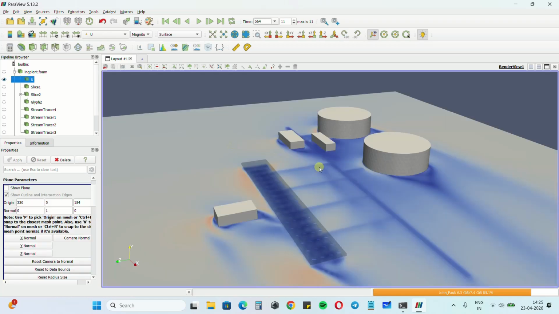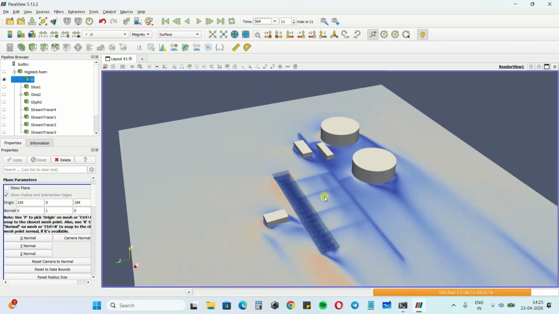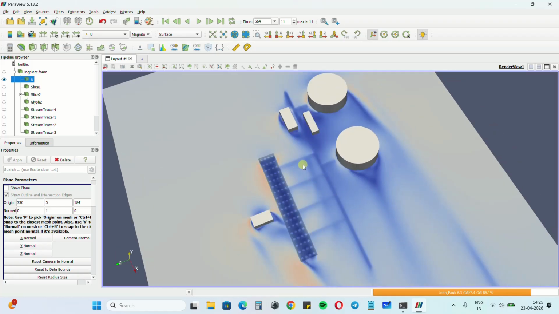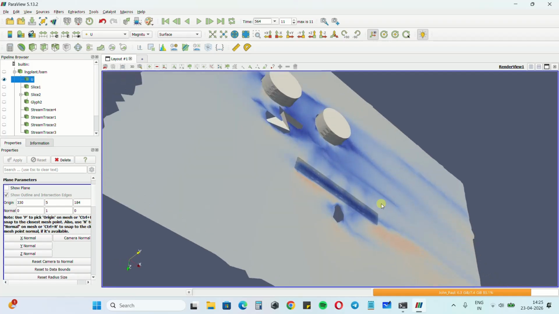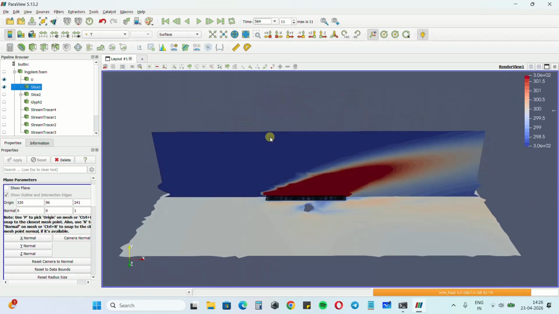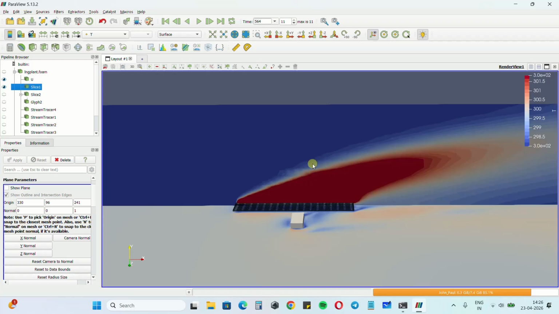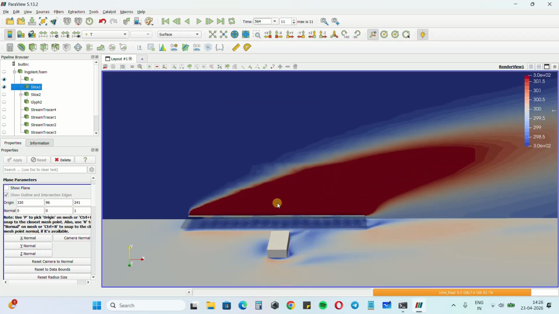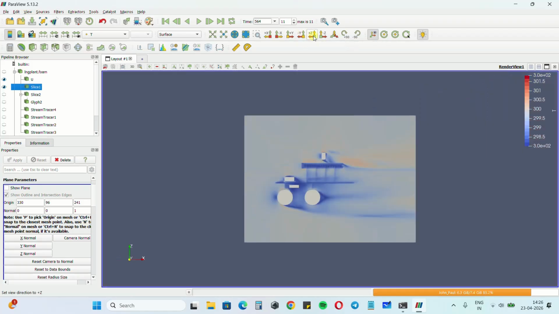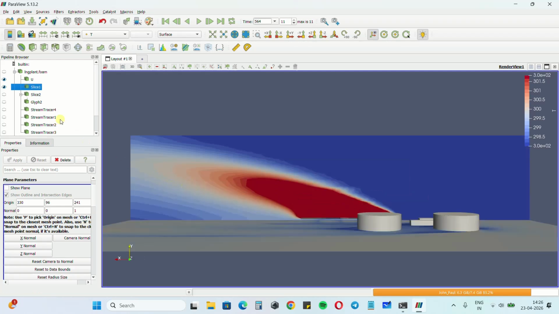First of all, I had created a velocity slice just to show you the wake structure, and clearly you can see the permeable zone which is causing significant damping to the flow. So this is how the velocity plots look. I have created a slice to see the thermal plume from the heat exchanger, so a significant amount of area is affected by it, and most importantly the lower part of the heat exchanger is also affected.